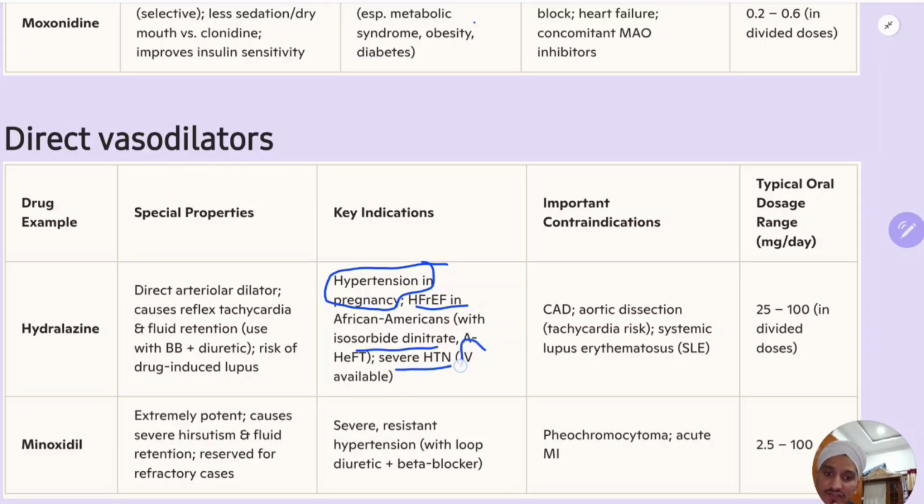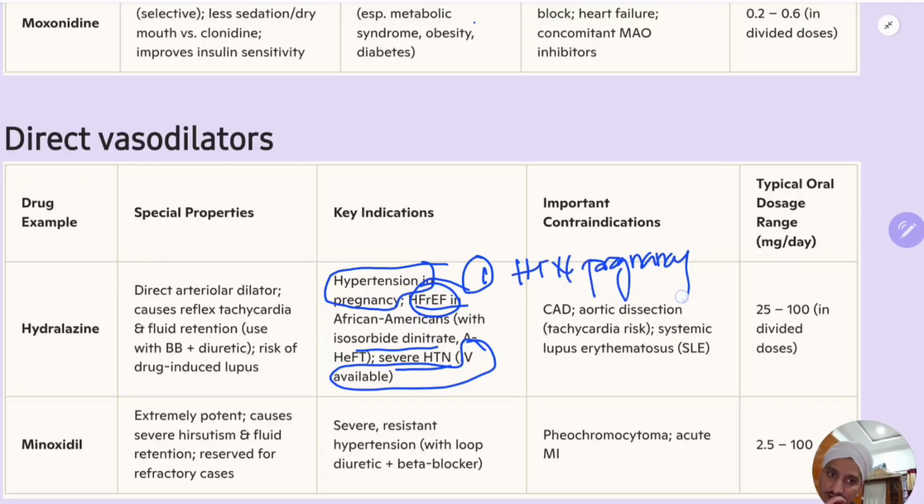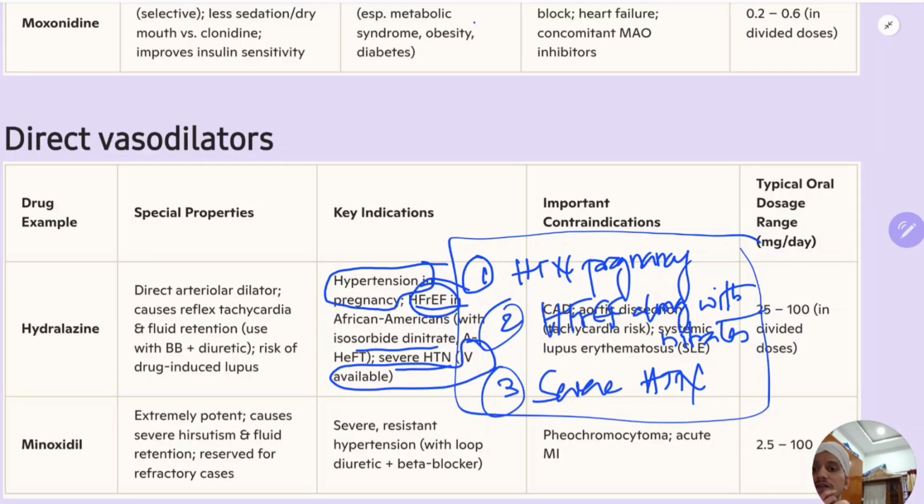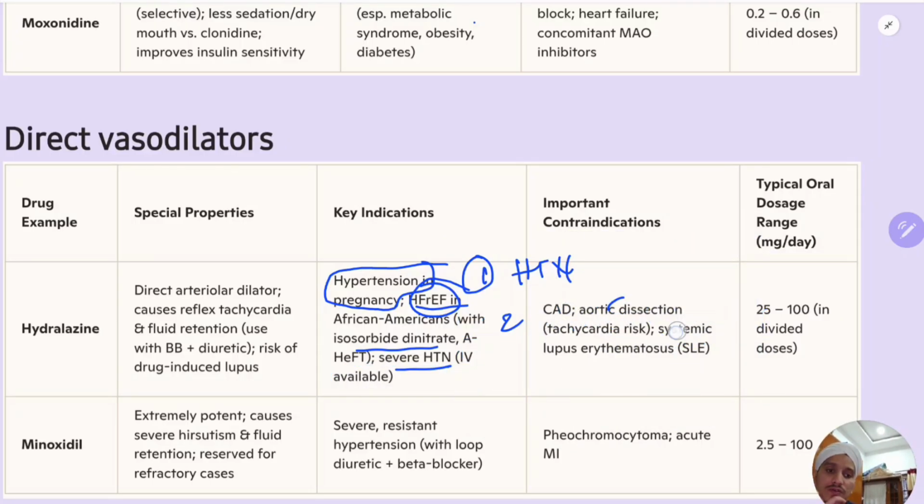And severe hypertension, IV available, so in hypertensive emergencies you can use it. So three uses: hypertension in pregnancy is one; second is HFrEF along with nitrates; the third is severe hypertension. When you give it, you should give it with a beta blocker and diuretic. That's all about this one.